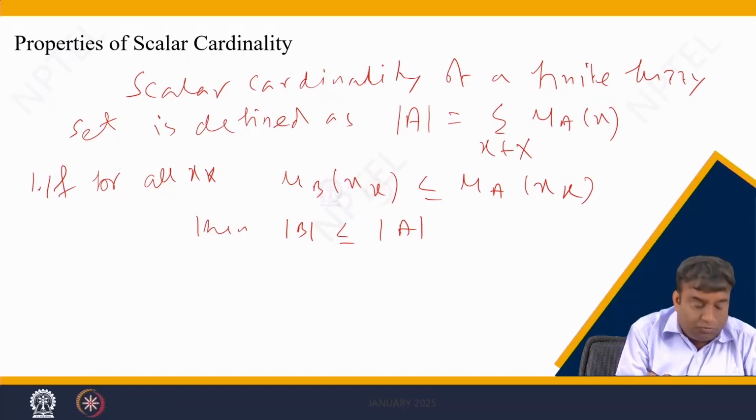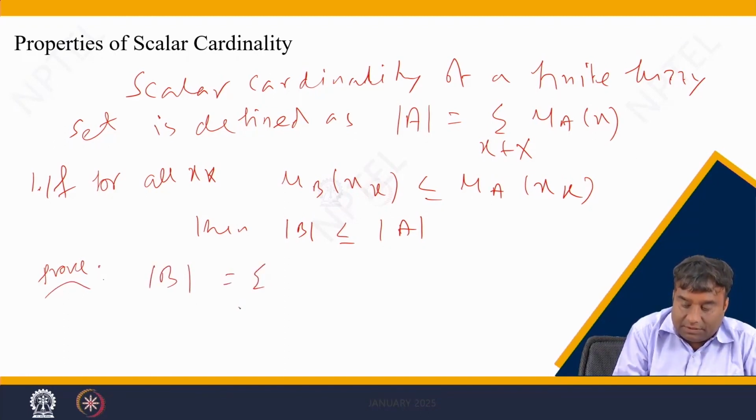Let's see the proof of this. As you know, the cardinality of B can be defined as summation of mu B xk.